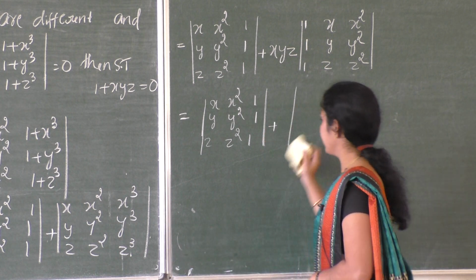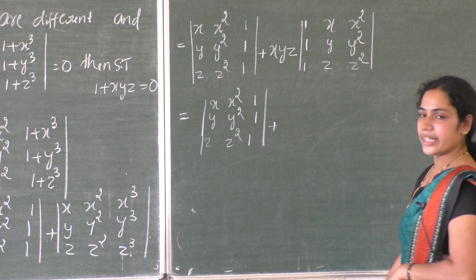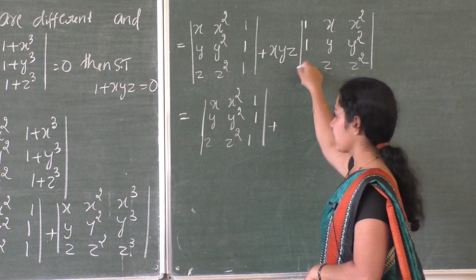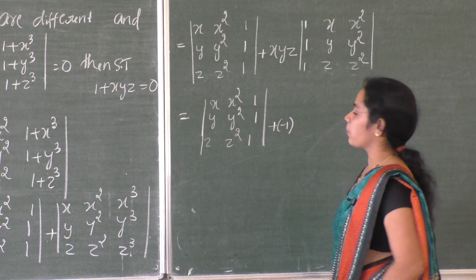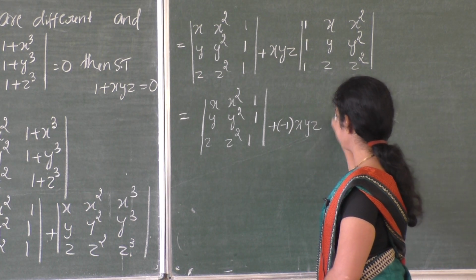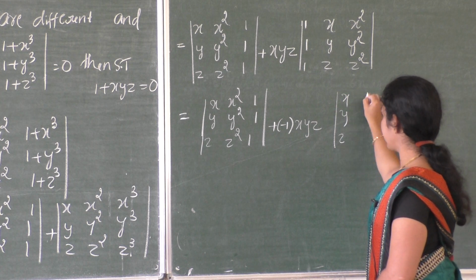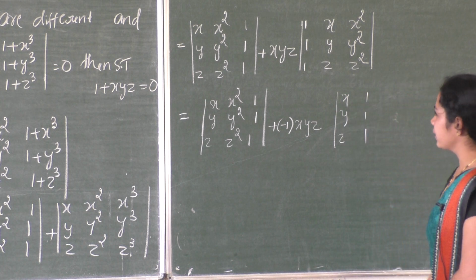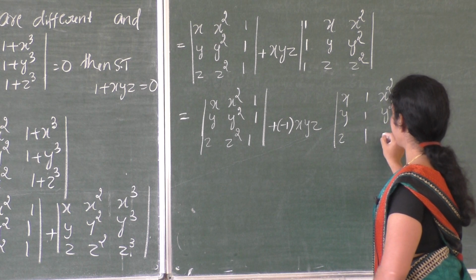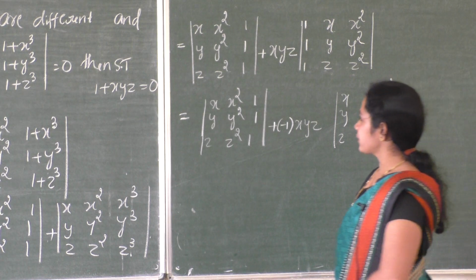If we interchange any two columns or any two rows, the sign of the determinant changes. That means we need to multiply by minus 1 into xyz. Interchange here, x, y, z, 1, 1, 1. Third column as it is, x square, y square, z square.